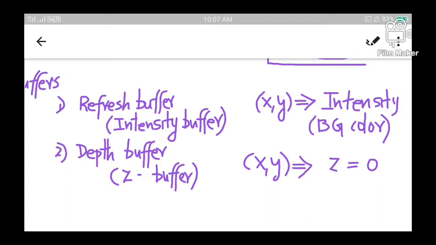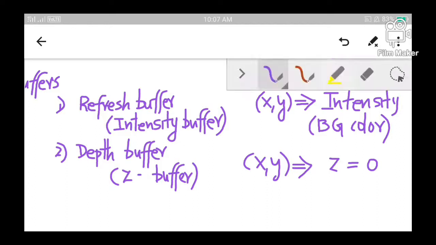Initially we are unaware of this z value, so we can set the z value as 0. So two initializations are done. For all pixels in the refresh buffer, the intensity is set equal to the background color intensity, and for all pixels in the depth buffer, every z value is set equal to 0. So these are the two initializations done before starting this algorithm.